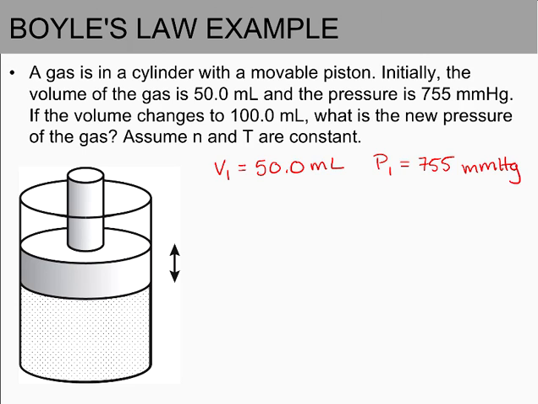Then we're going to double the volume to 100 milliliters, and we want to figure out what is the new pressure, or the final pressure. If pressure and volume are inversely related to each other, what's going to happen to the pressure when we increase the volume? Will the pressure increase or decrease?